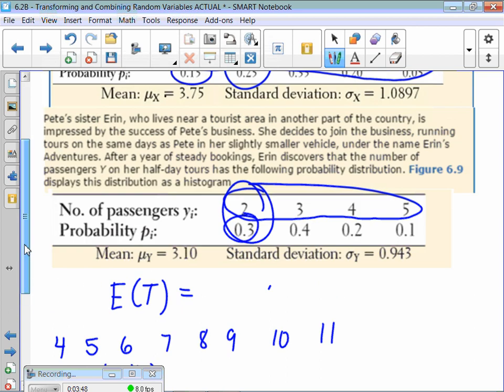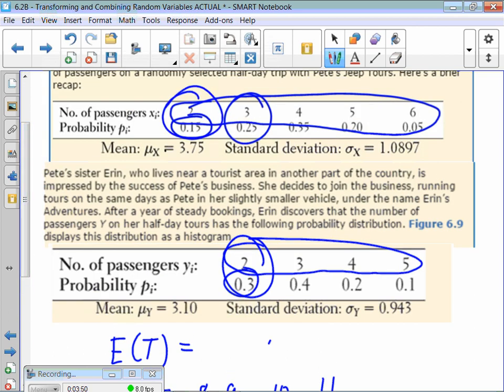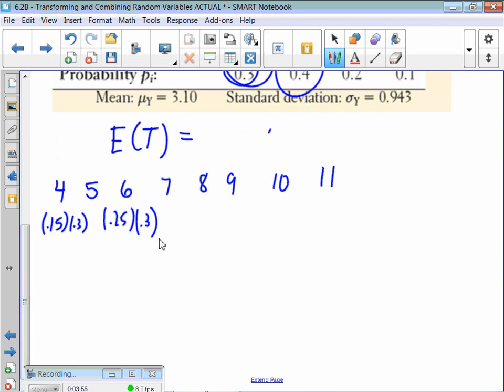Or we could have a 2 and a 3, which is 0.15 times 0.4. Right? And we could find each probability. This would take a while, right? We'd have to do every combination of 6, every combination of 7, every combination of 8, and then we'd have to do the formula for expected value of the total, right?